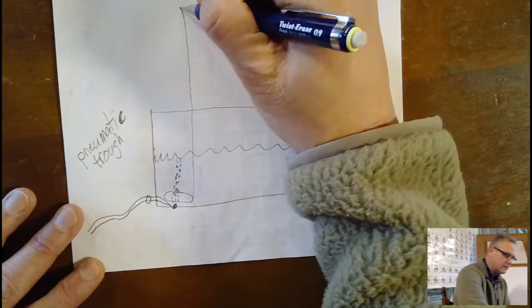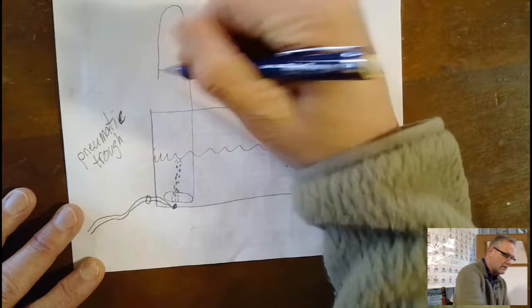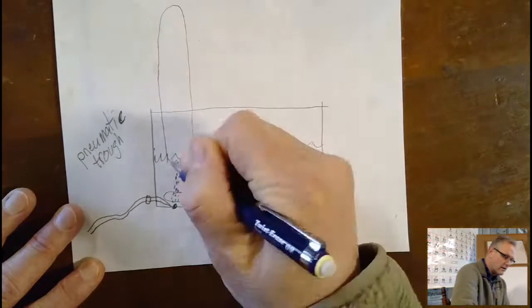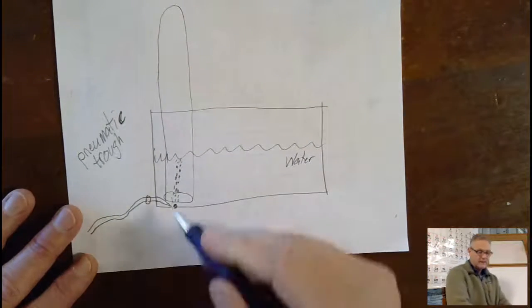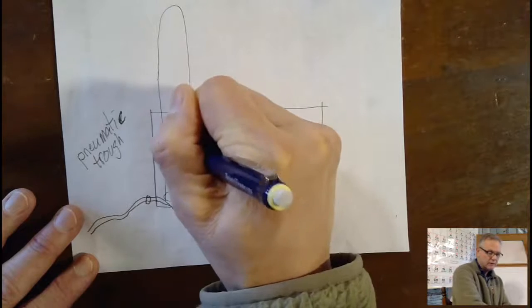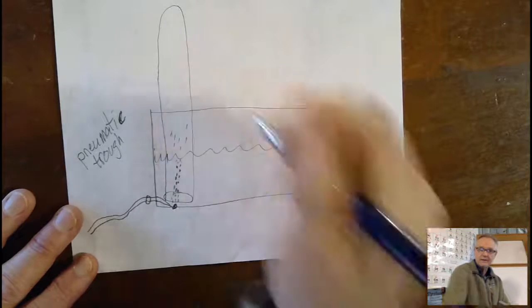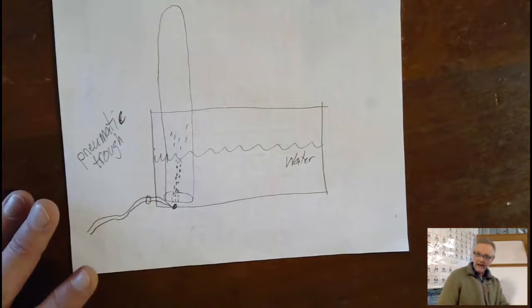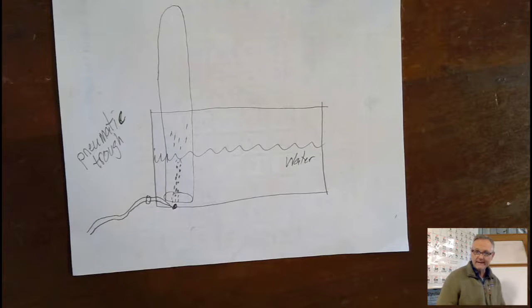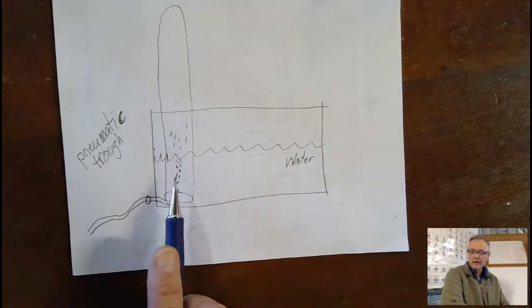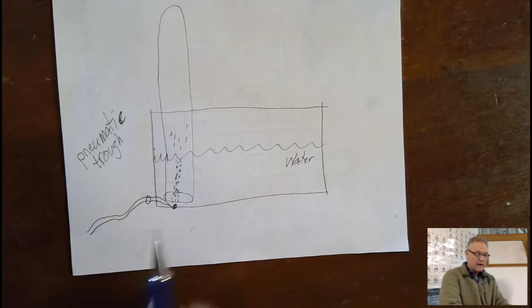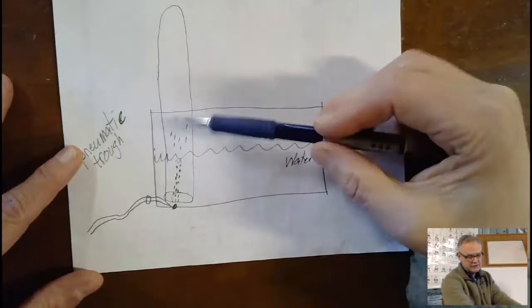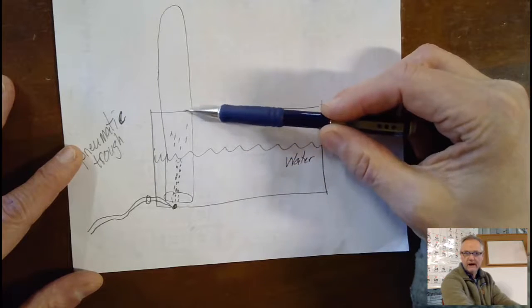As the gas bubbles go through, it will pick up tiny water vapor molecules. What does that mean? That means that the pressure collecting in here is not just the gas but also the water vapor.